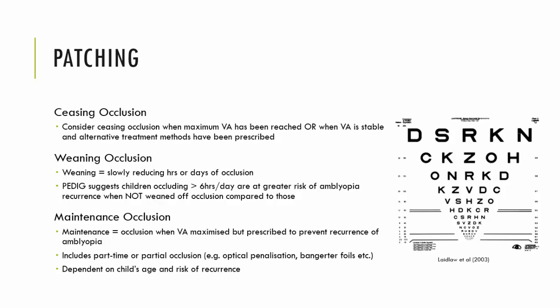So if, for instance, the child has 6/6 VA but has a left esotropia, well, then no occlusion may lead to amblyopia recurring, particularly if the child is young, if they're still 4, for instance. If they were 7, then really you're at the end of the critical period, so it's less likely to develop. So you need to gauge what the risk is.